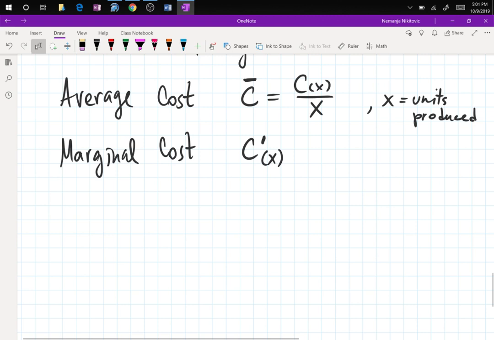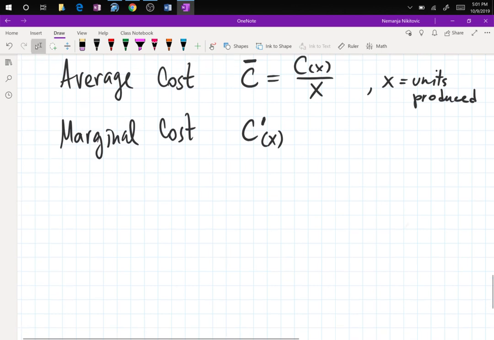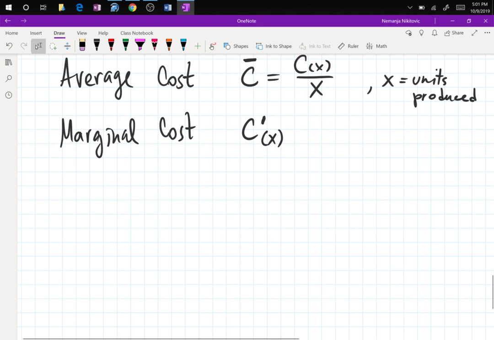And I really like the example they give here because it works very nicely with calculation and explaining all these things. So we're going to take a look at the cost function for the first 1,000 units produced, given as negative 0.02 x squared plus 50x plus 100.